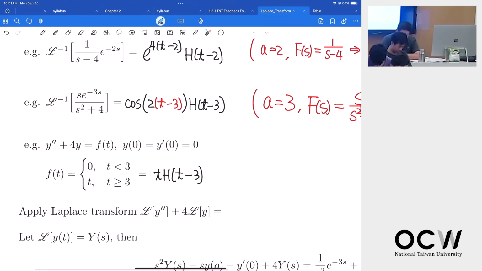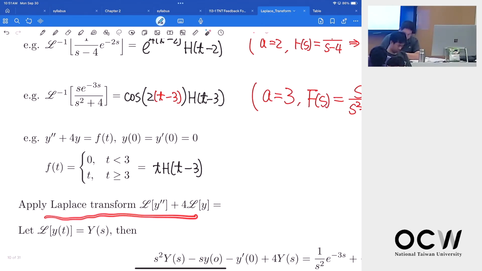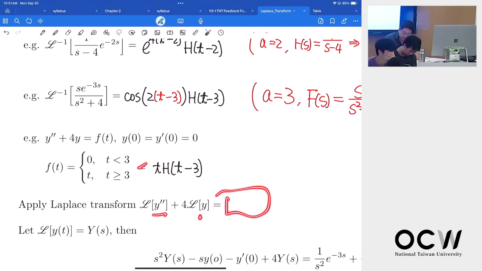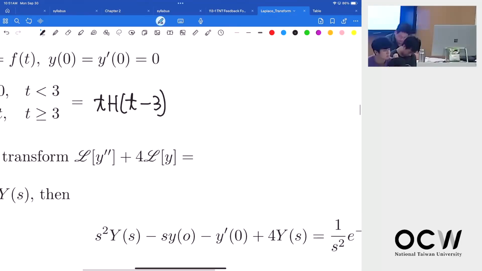Okay. And now here you see that I have a differential equation, and I also have initial conditions. I can also apply the Laplace transform to find a solution. So if I apply the Laplace transform, here you're okay because we just learned the Laplace transform of derivatives. But the right hand side, so far, is just the Laplace transform of t times h(t minus 3).